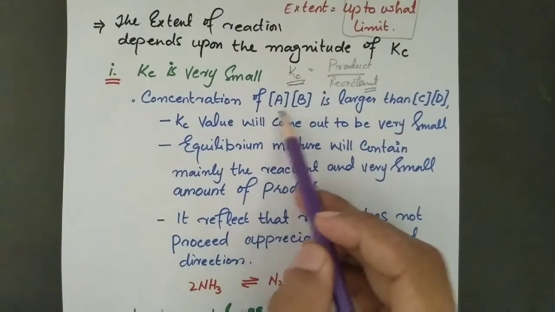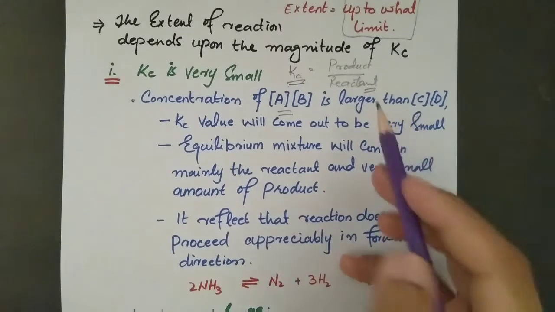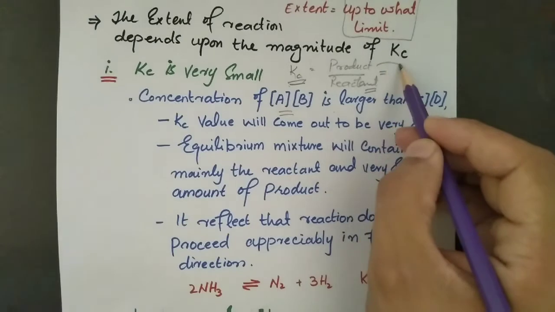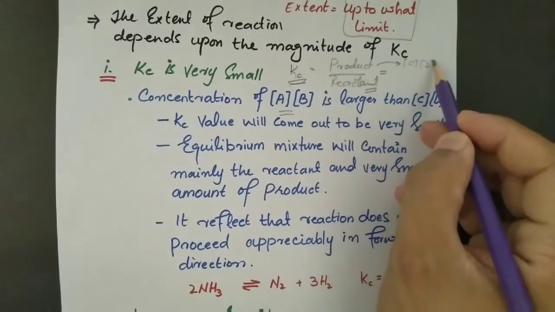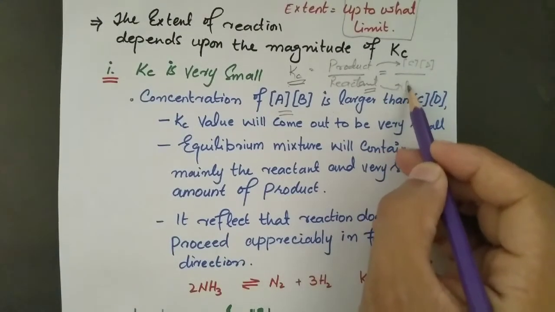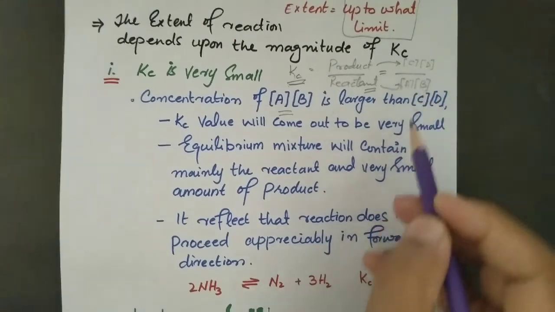So the concentration of A and B is larger than C and D. We have already discussed several times that C and D on the product side represent the concentration of product, and A and B on the reactant side represent the concentration of reactant.